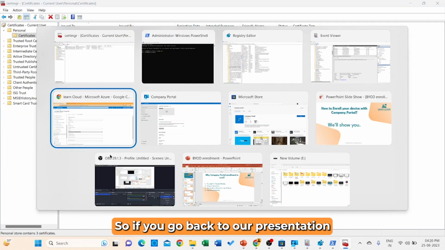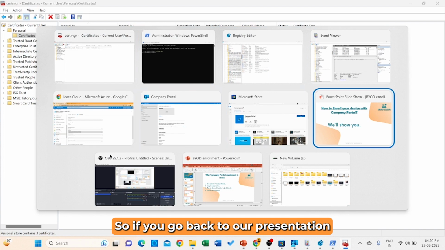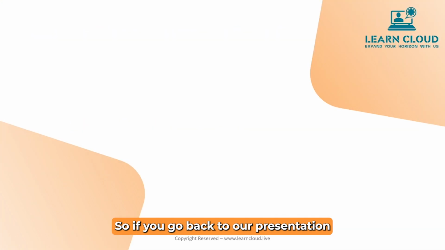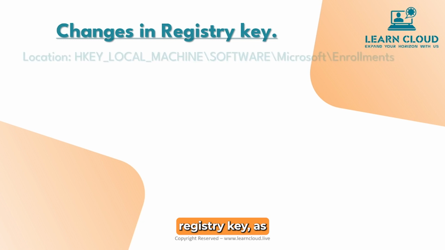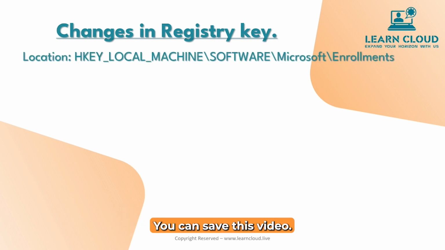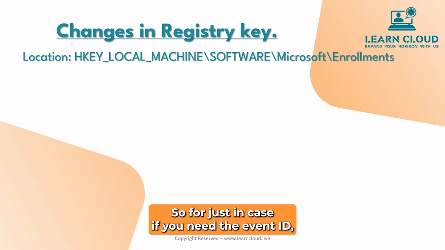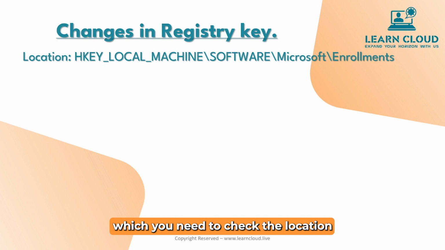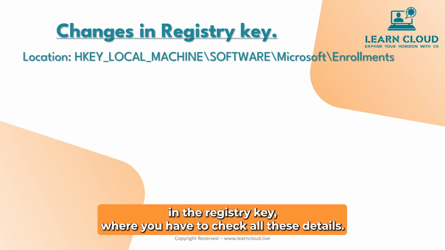So if you go back to our presentation, registry key, as we have checked, this is the location of the registry key. You can save this video just in case you need the event ID, or the location in the registry key where you have to check all these details.